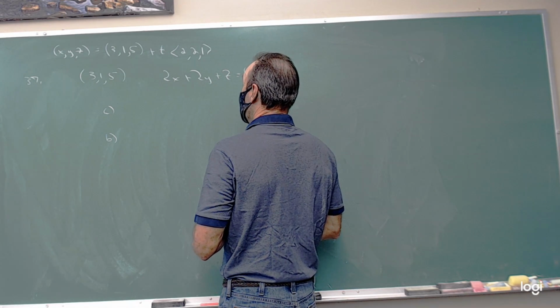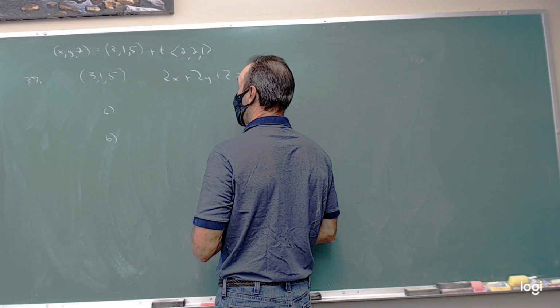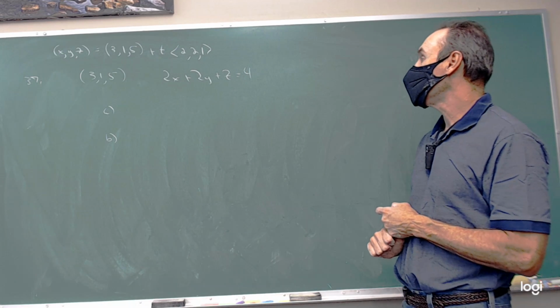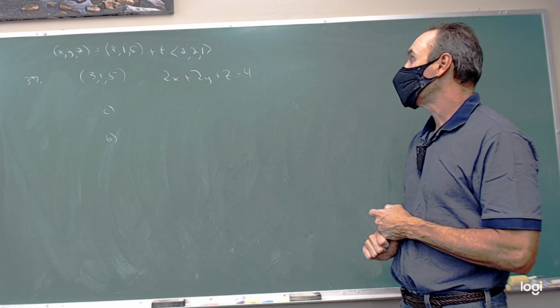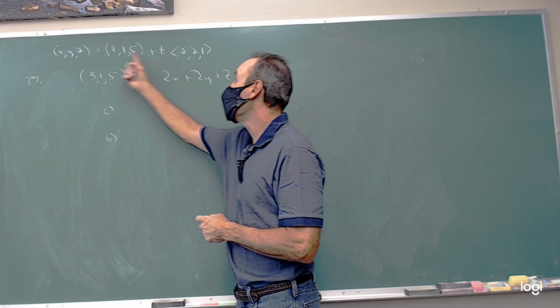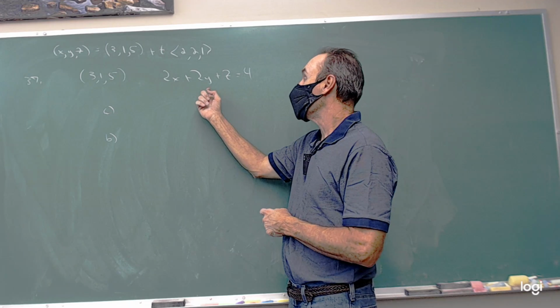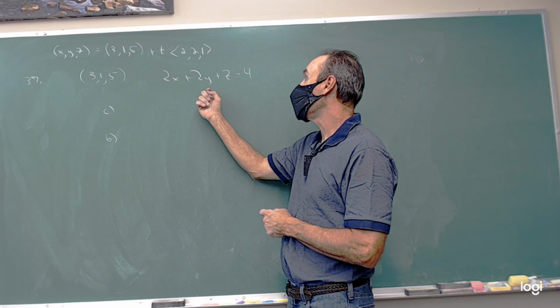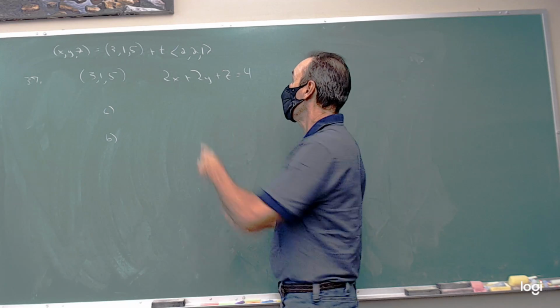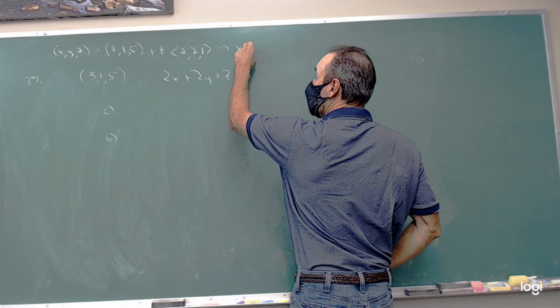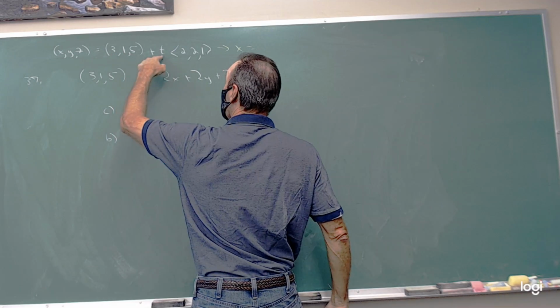Where does the line intersect the plane? That's tougher, right? So what we want then is to know where this line intersects this plane. So from here, we can say x is equal to 3 plus 2t.